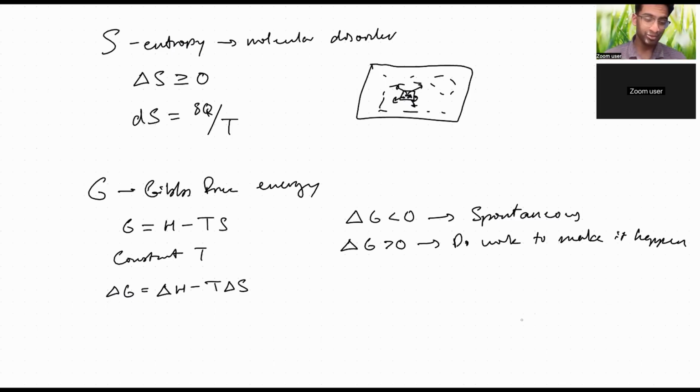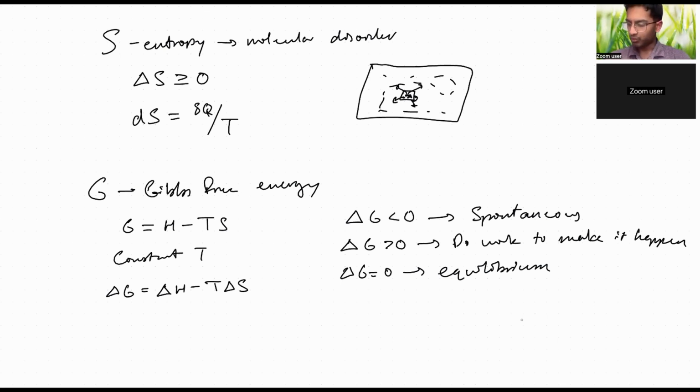Maybe you're increasing the energy state and lowering the entropy. So in that case, there's definitely an instance where you will have to do work to make it happen. And lastly, of course, delta G equals zero, you're at equilibrium. So the system is balanced, there's no net driving force in either direction.